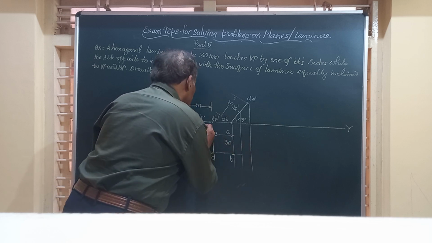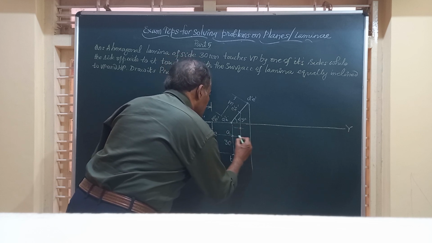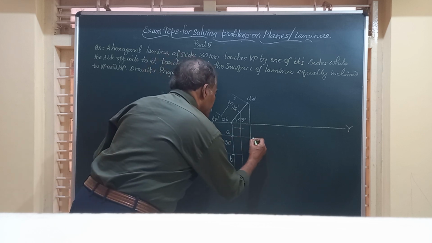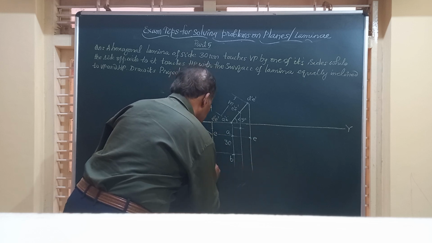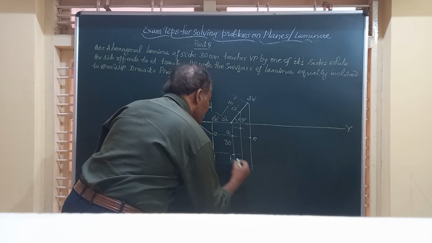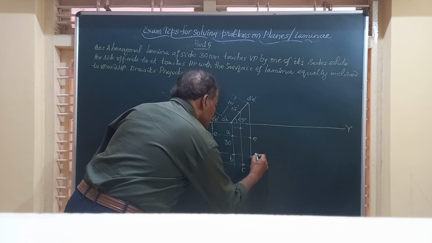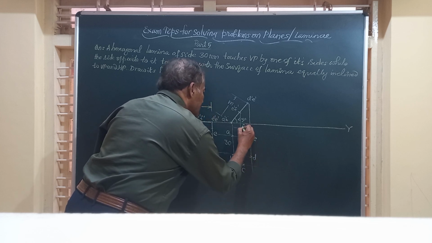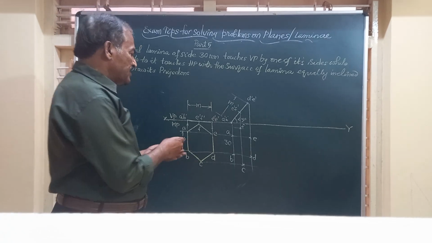And similarly friends, here you get F, and here on the other end of this A you get E, and this point is going to be C here. So the A, B, C, this point is D, this is E, and this point is F. So I got all the 6 corners of the lamina.